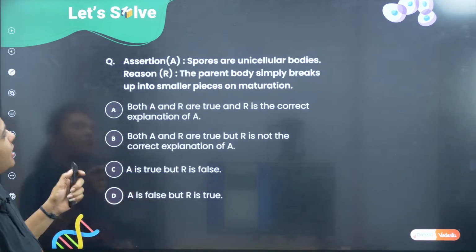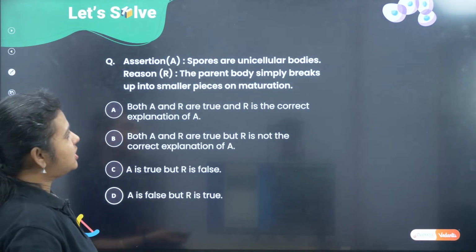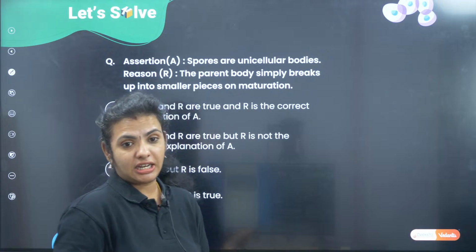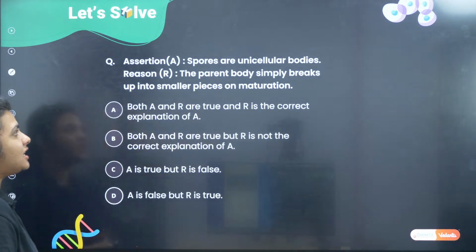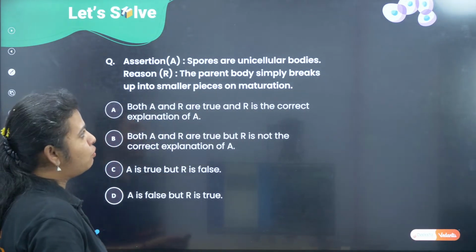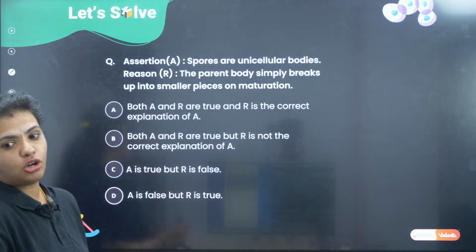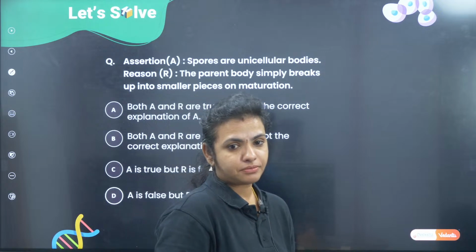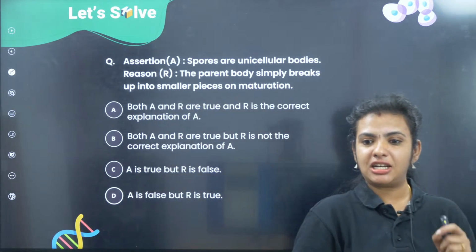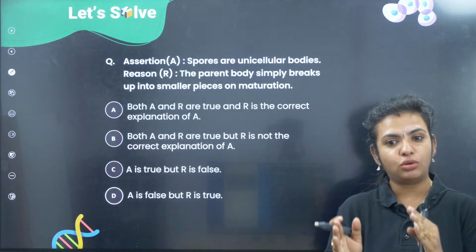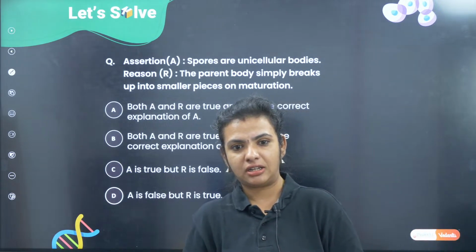All right. So, next question we have, assertion says spores are unicellular bodies. The reason says the parent body simply breaks up into smaller pieces on maturation. Okay. So, assertion says spores are unicellular bodies. Is it right?